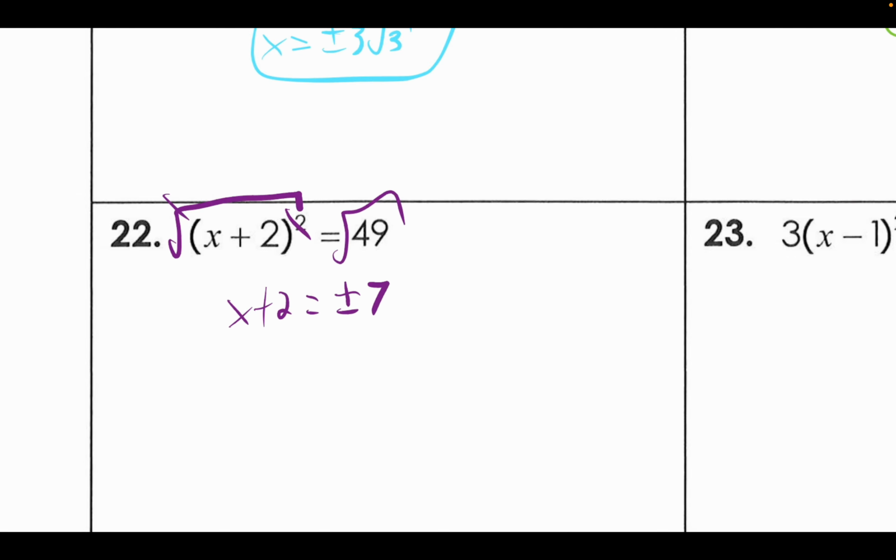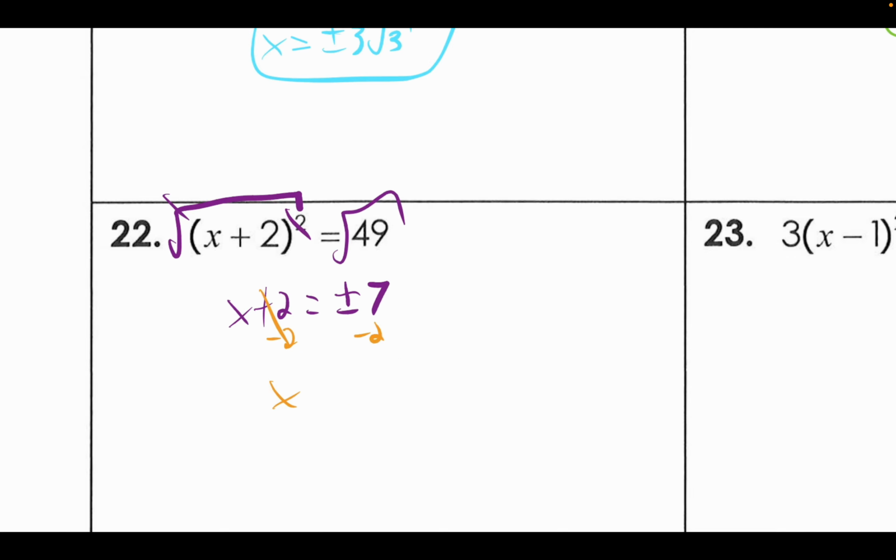So now I notice, oh, wait a second. My x is not actually by itself here, like it has been on the previous 9 examples. So I still have to subtract 2. Now a common mistake I see is the following, so don't write this down: we'll say subtract 2, and we'll call this x equals positive or negative 5 and move on with our merry way. But that's just not accurate. And if we were to plug in both 5 and negative 5 back into our original equation, we'd find that one of them would not work. And it's not because it's extraneous, it's because it's the wrong number.